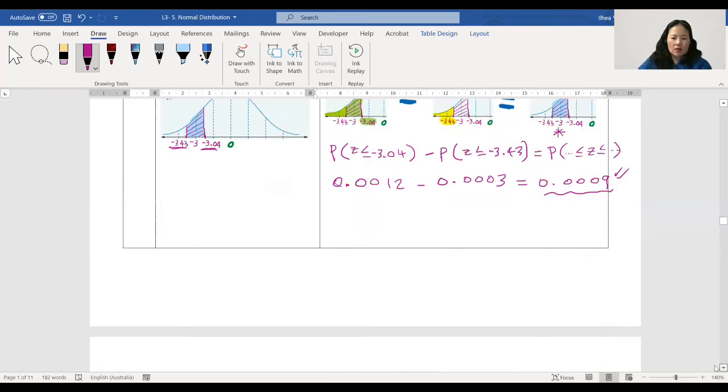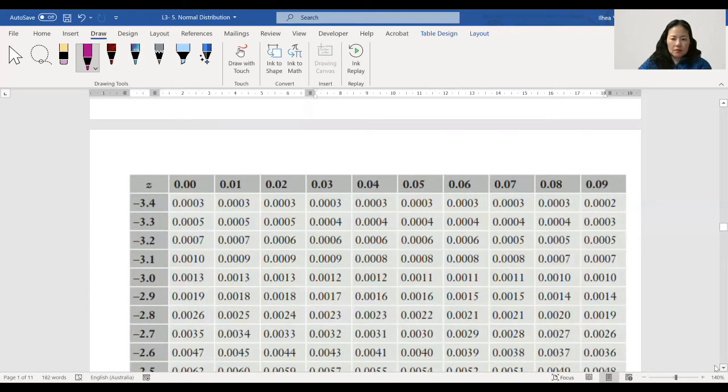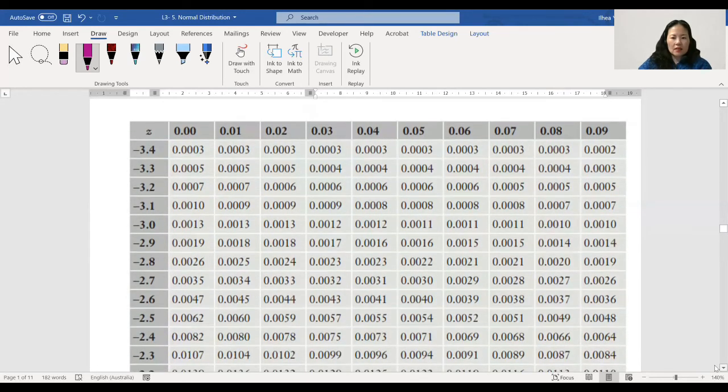Okay, right. So these are the tables, the probability tables. As we looked at the little section of it, you always have to look at the vertical part first, and then you look at the horizontal one, because the horizontal one is your second decimal place.